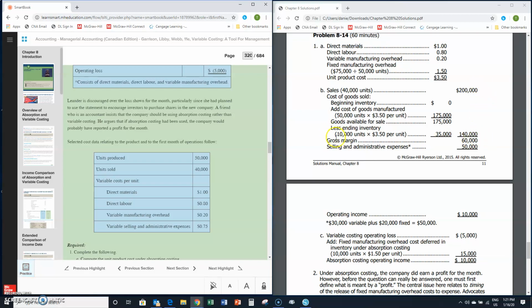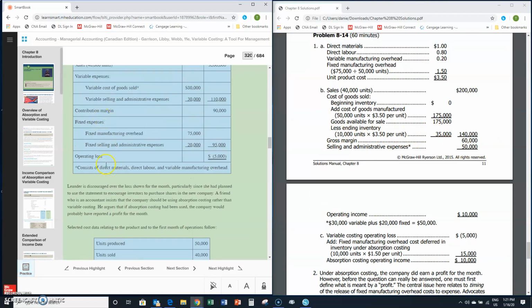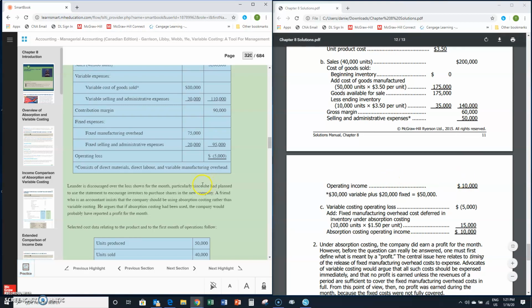Then we deduct our selling and admin expenses. Right here they have them as 50, and that is our fixed selling and admin expenses of 20 and our variable selling and admin expenses of 30. They're combined here for 50, so we subtract those from our gross margin, and we get an operating income of 10,000.